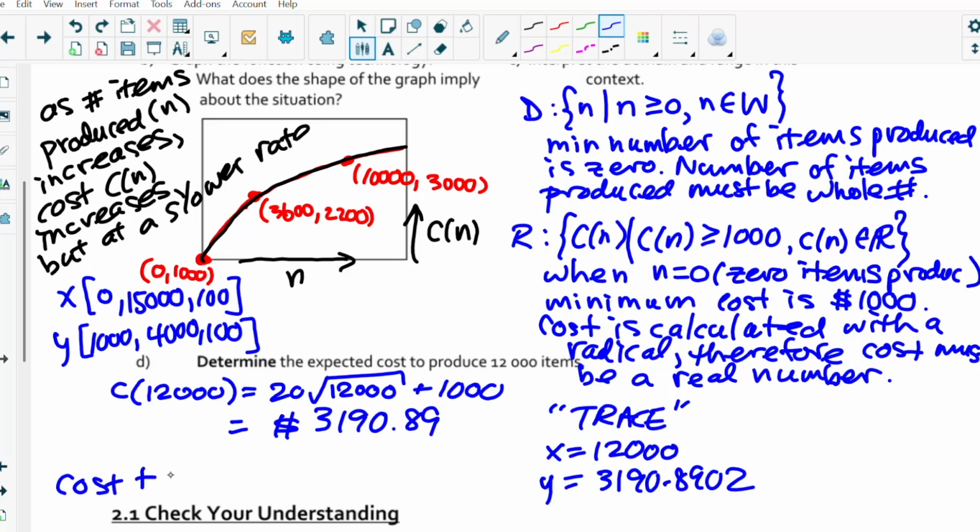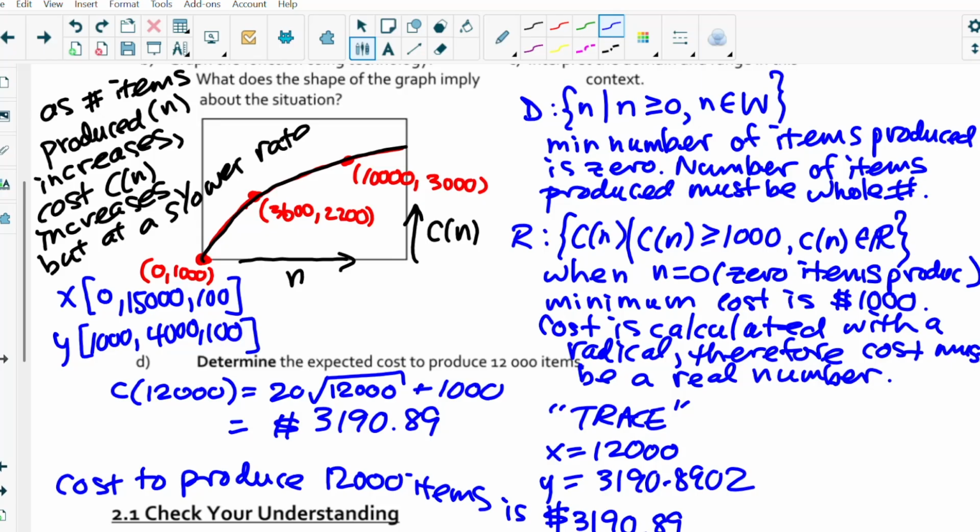So the cost to produce 12,000 items is $3,190.89.